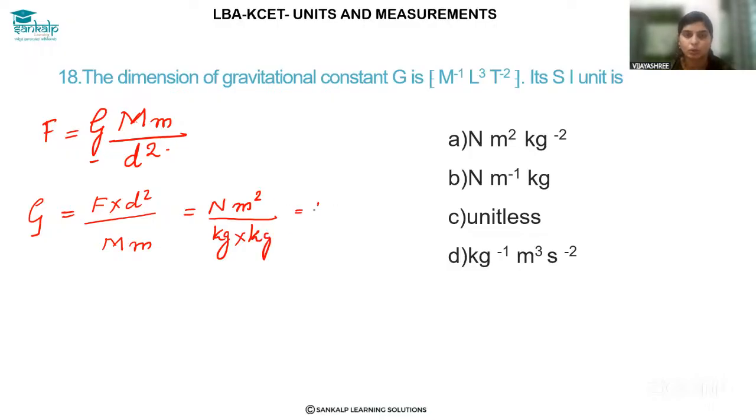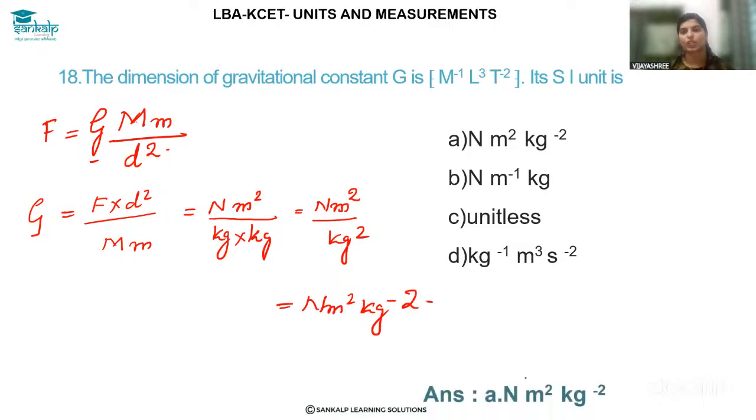So this is equal to Newton meter square divided by kg square, which is equal to Newton meter square kg raised to -2. So the right option is option A, Newton meter square kg raised to -2. All the remaining options are wrong. Thank you.